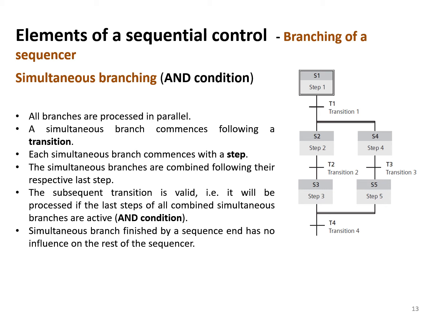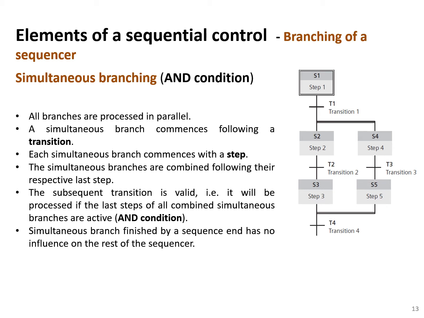Each simultaneous branch commences with a step. The simultaneous branches are combined following the respective last step. The subsequent transition is valid, i.e., it will be processed, if the last steps of all combined simultaneous branches are active.